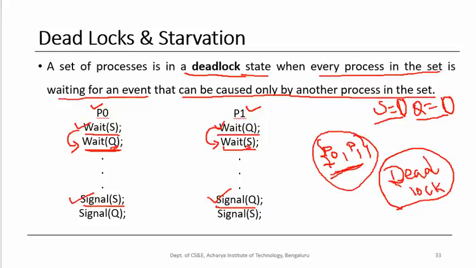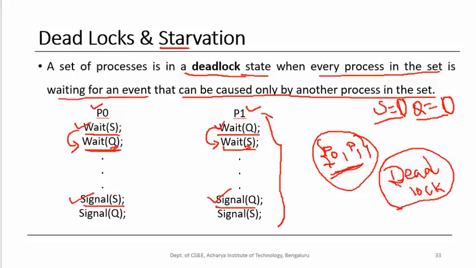So no progression happens. Okay, this is the problem associated when we use the semaphore for solving the critical section problem or for achieving the mutual exclusion among the concurrently running processes.